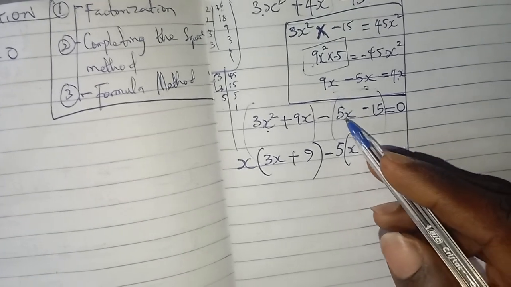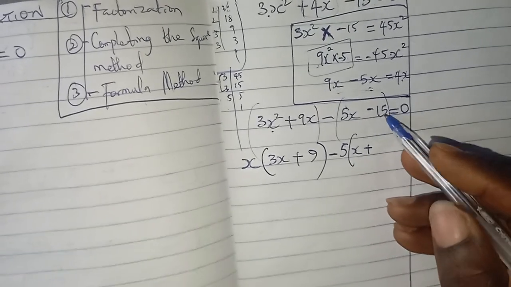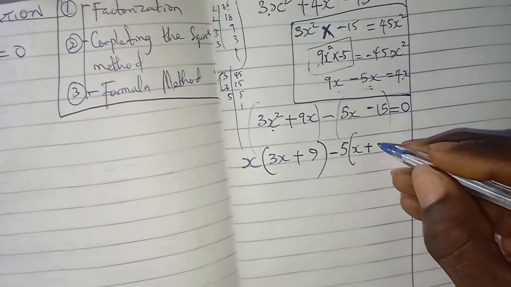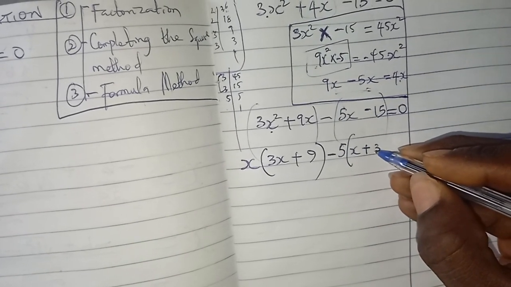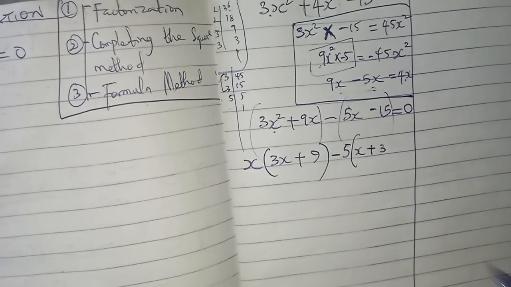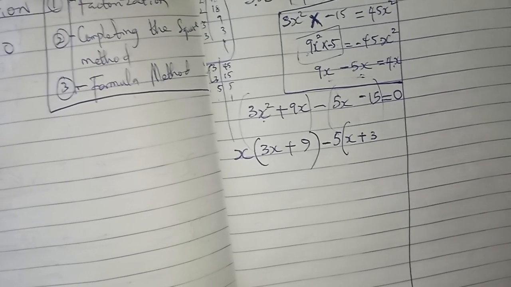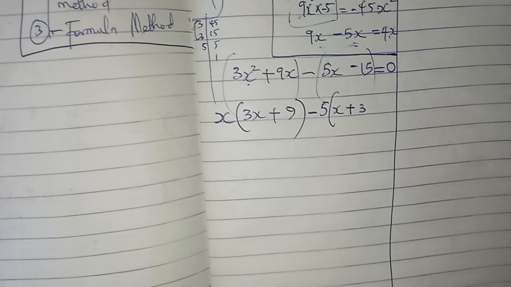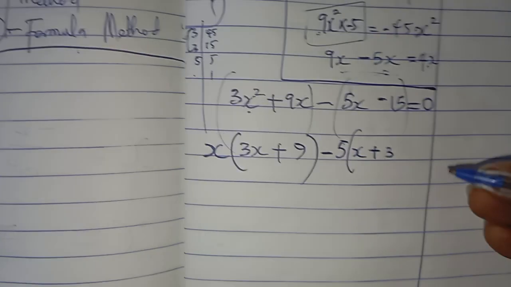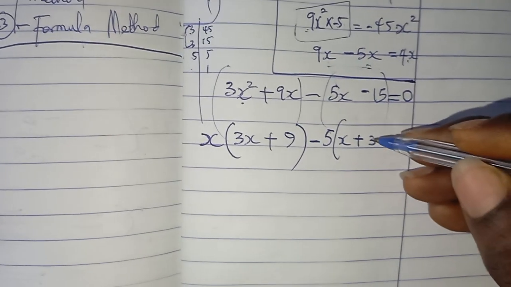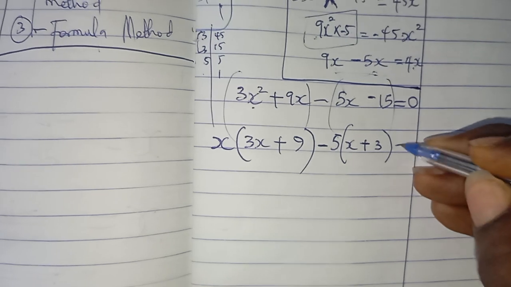If 5 enters here, 15, it will have 3. Let's be sure. Okay, then I have 3 here equals to 0.